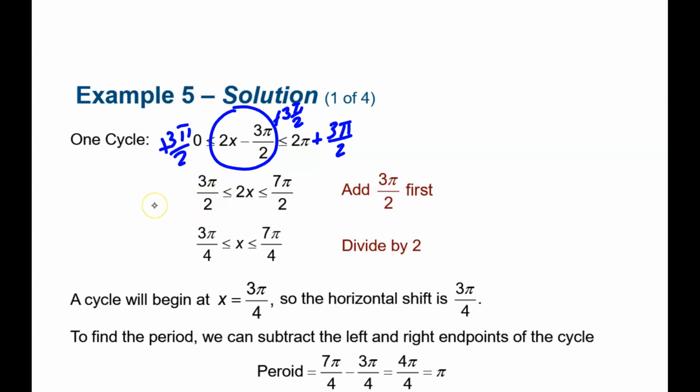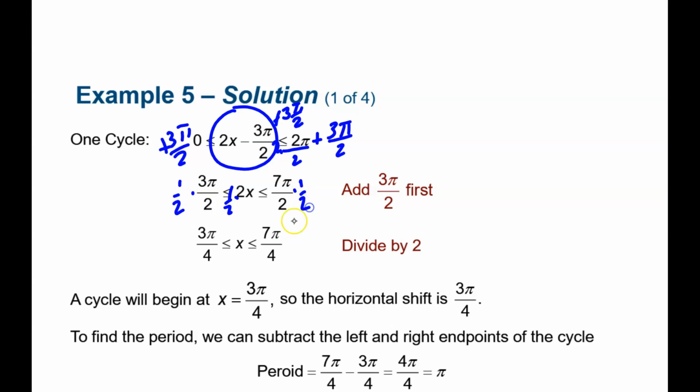We get 3 pi over 2 on the left. On the right, 2 pi, multiply by 2 over 2 to get the same denominator, 4 pi plus 3 pi is 7 pi over 2. Then we need to divide by 2 or multiply by 1/2.